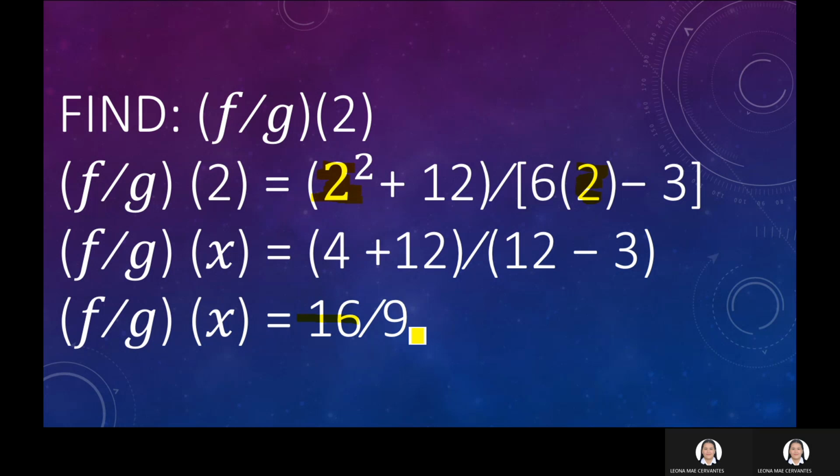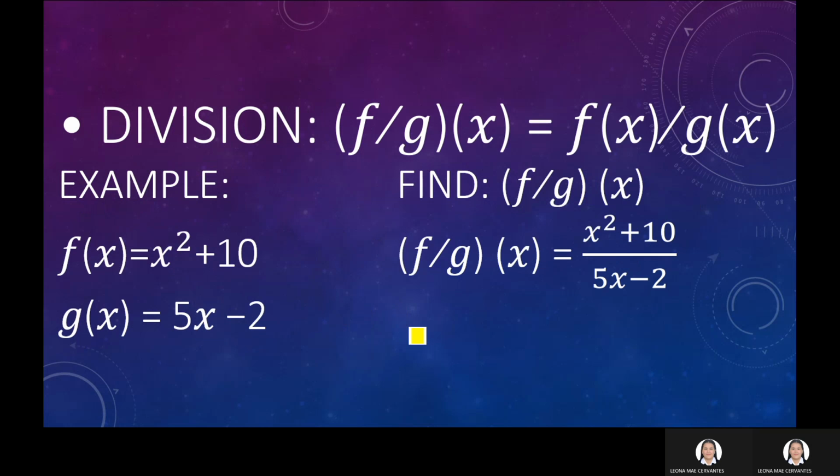Okay. Next. Another example for division, we have f divided by g of x equals f of x divided by g of x. For example, the value of f of x is x squared plus 10. And for g of x, we have 5x minus 2.